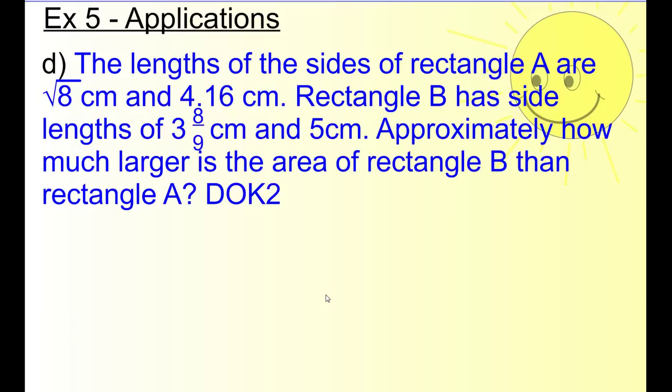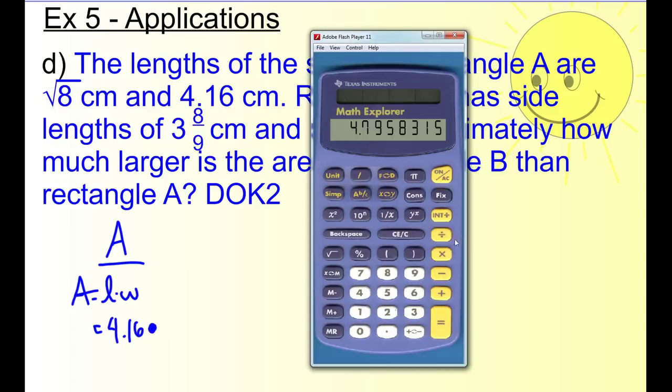Okay, so we're trying to find out which one has a larger area, rectangle A or rectangle B. So let's start with rectangle A. To find the area of a rectangle, area is length times width. So, the sides of rectangle A are square root of 8 and 4.16. So I'm going to put 4.16 times, what is the square root of 8? 2.82.